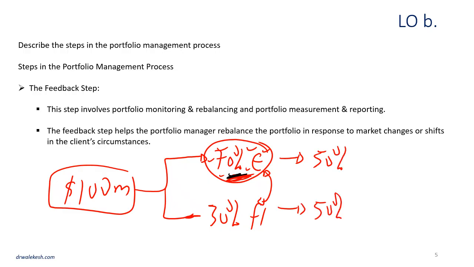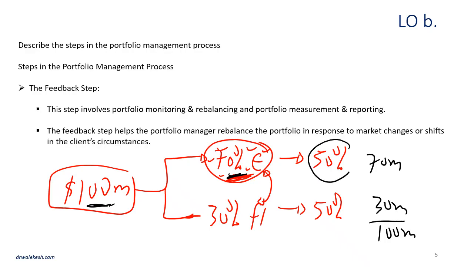Originally, out of the 100 million, you invested 70 million in equity and 30 million to fixed income, making 100 million.